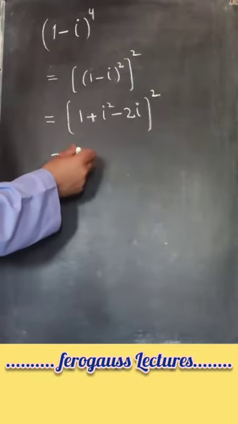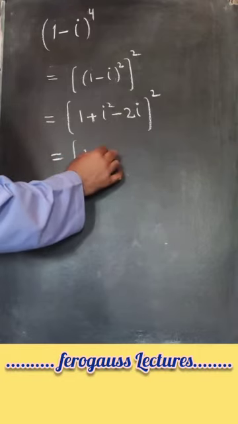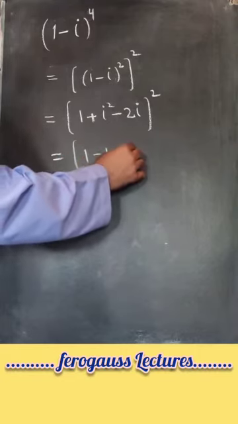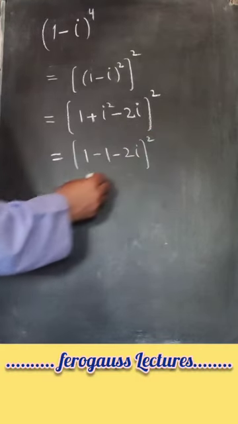which is further equal to 1, iota square is equal to minus 1, it is minus 2 iota, whole raised to power 2.